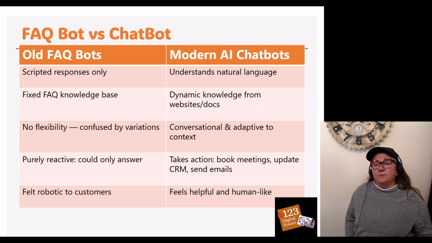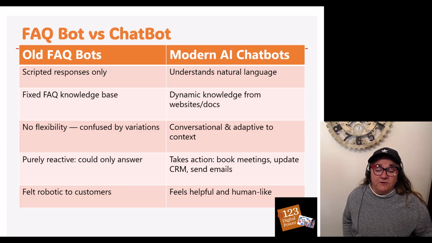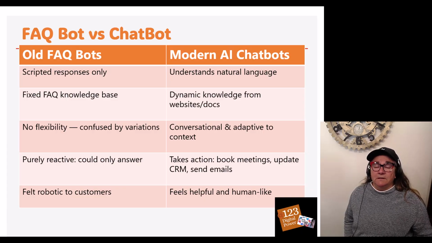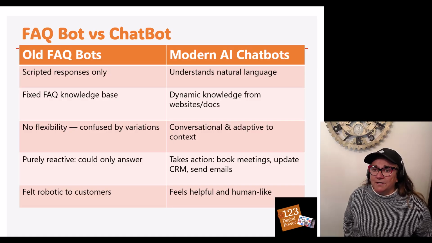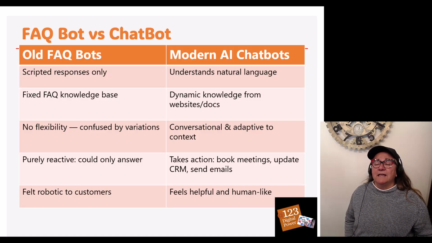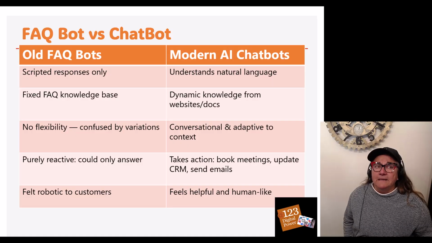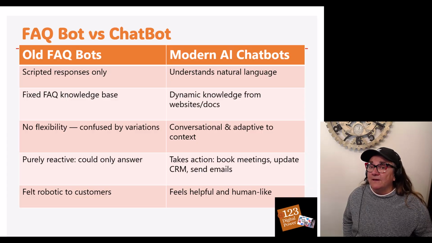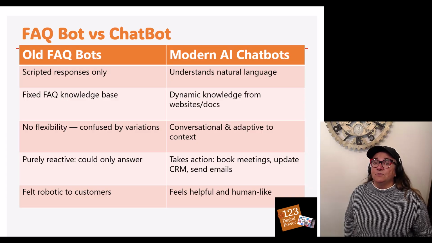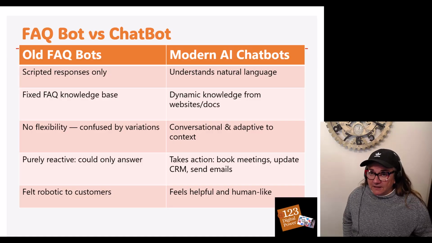The old one felt robotic, obviously. The new one is supposed to feel like a helpful human. So it's supposed to have a sense of humor if you want it to be funny. It's supposed to actually respond in different tones where you're able to train it how you want it to sound. So now think of that culturally, because it would sound differently in a different language.